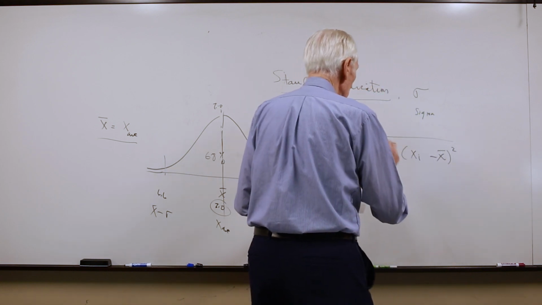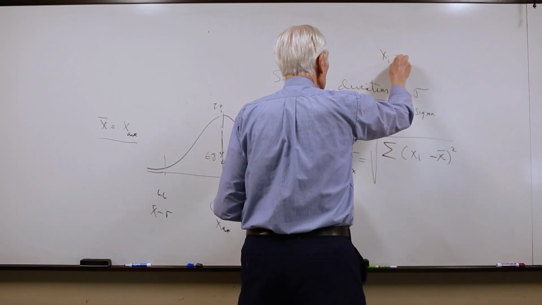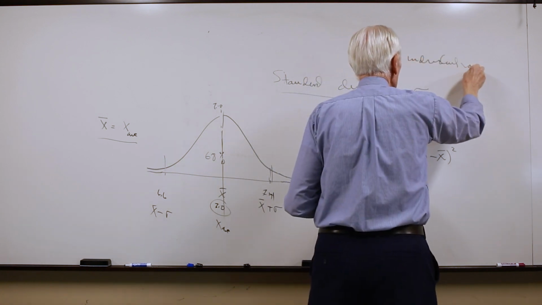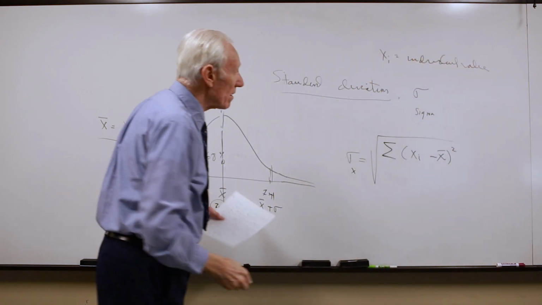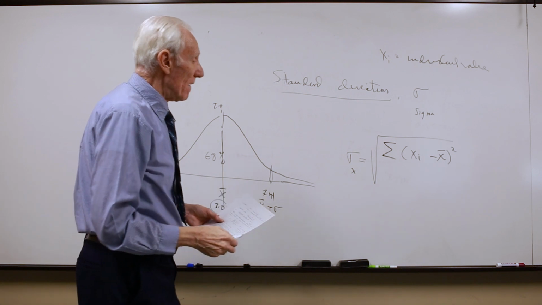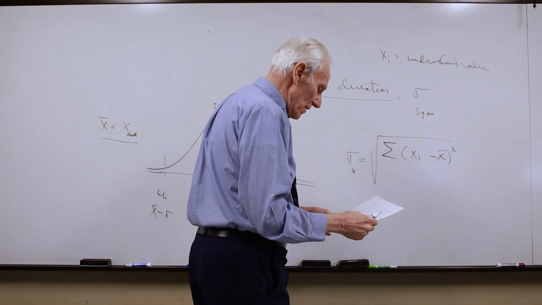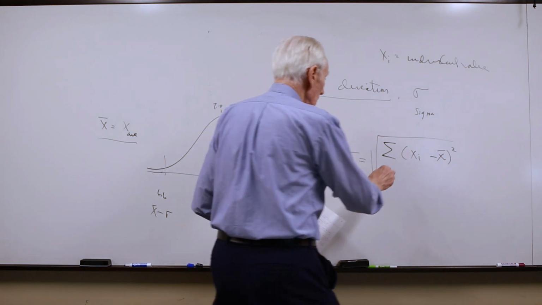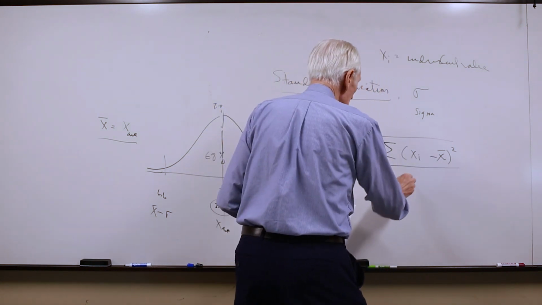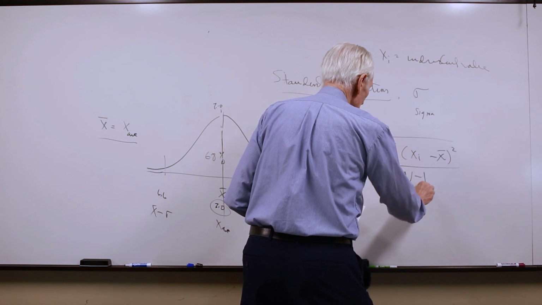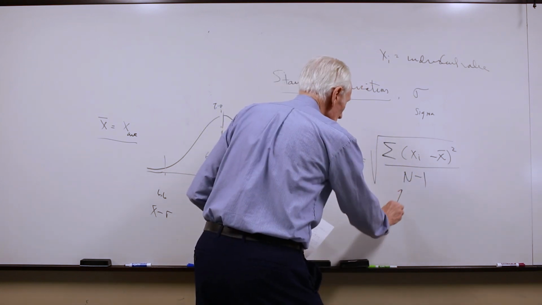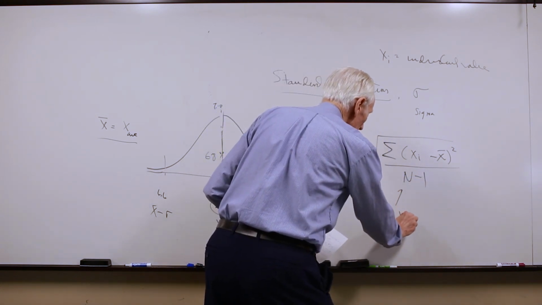X sub i is the individual value. We had on the board a bit ago 6 individual values. They would be 6.9, 7.3, whatever those 6 values we had. Divided by, and this is called the sample standard deviation, n minus 1, where n is the number of readings that you take.